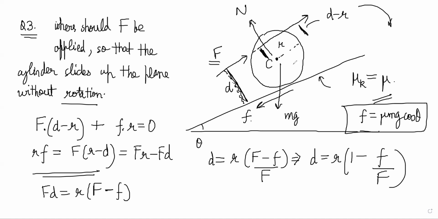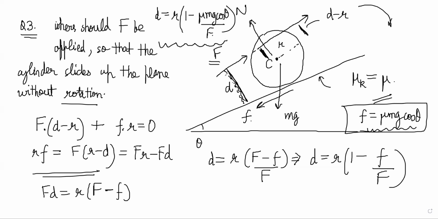Why? Because the normal force is mg cos theta, and kinetic friction will be mu mg cos theta. So the distance d should be r into 1 minus mu mg cos theta by F.